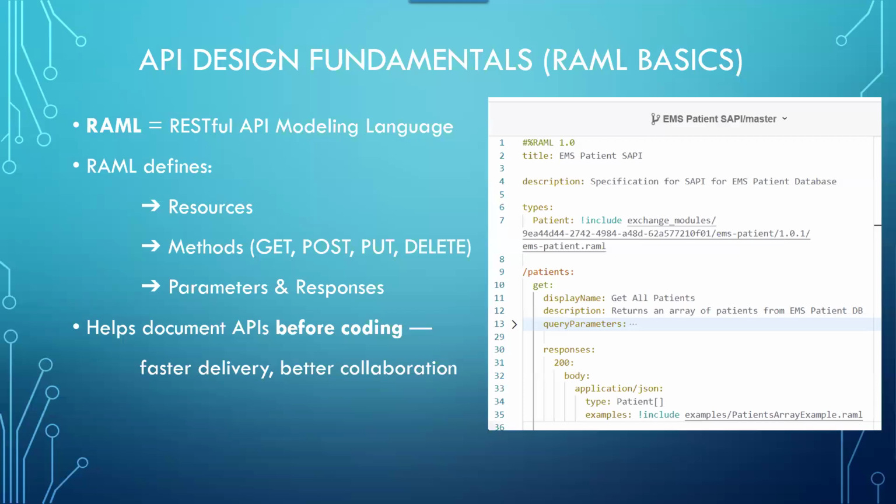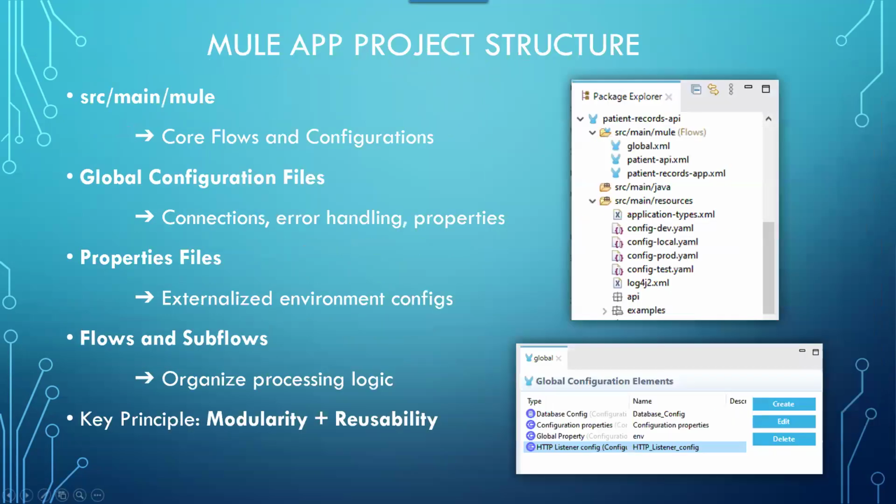Okay, so again, where we are in the life cycle is just the design. We haven't done everything else yet, but the design helps you map out the rest. It helps you have a fix on what you're going to be designing and creating. As we go forward, then, Mule project structure.